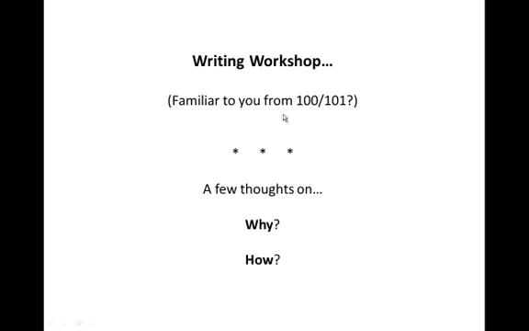I'm assuming that many of you have done some sort of writing workshop in English 100 or 101. I won't say a whole lot. If we were together, we could probably discuss a little bit of the rationale behind this and how you've done it before. But my basic idea is all writers write for an audience. Your audience should not be limited to just me as your teacher.